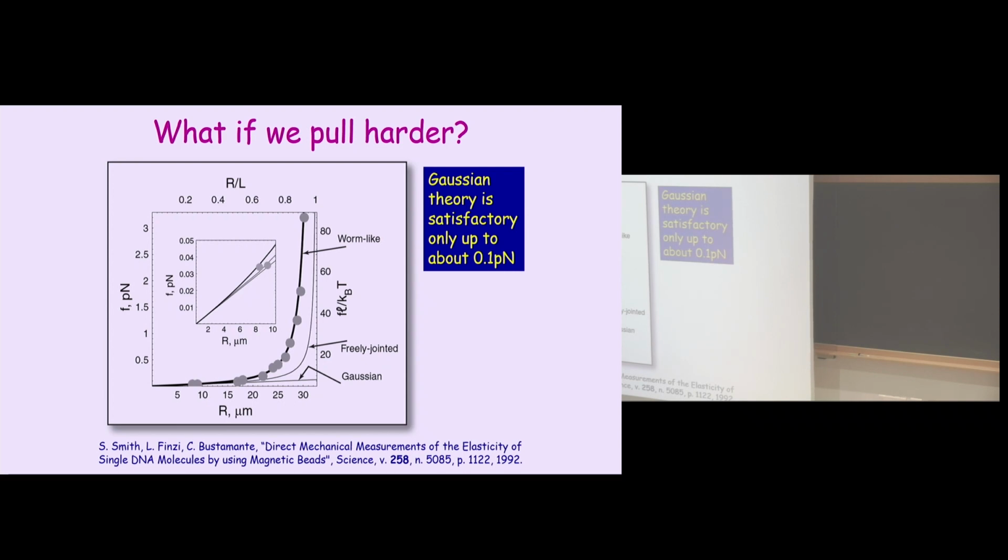Which kind of fluctuations you iron away? If you iron away large-scale fluctuations, which you can think of as effective segments, then you are here, and in this region, these curves are almost the same. But when you pull very strongly, you actually start to iron away fluctuations which happen on smaller scale. You start to work on freedom.